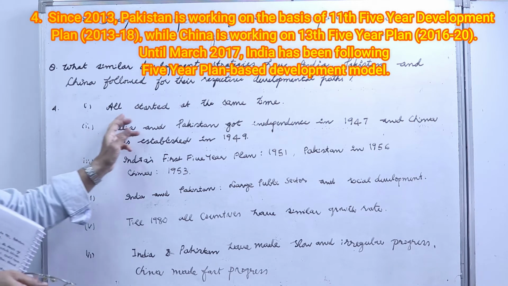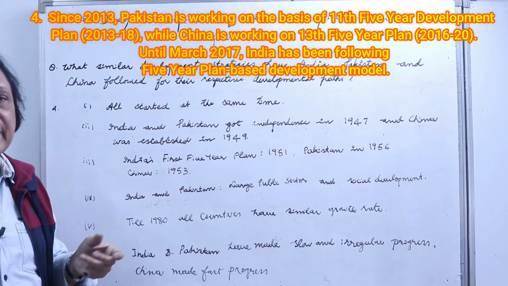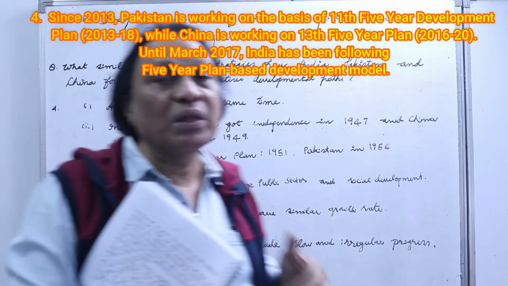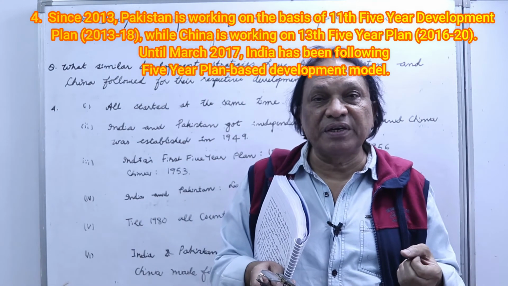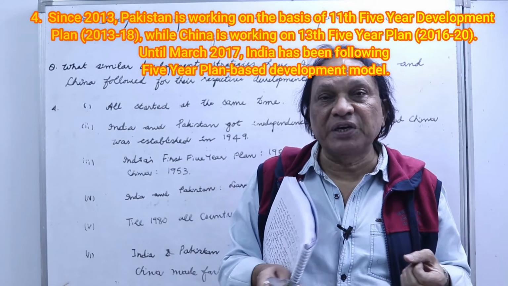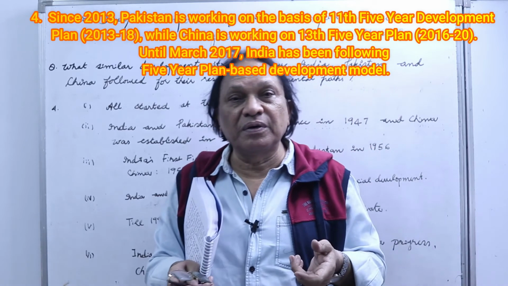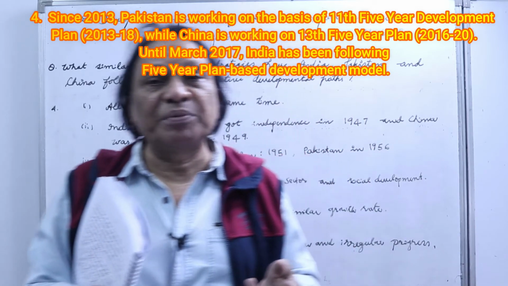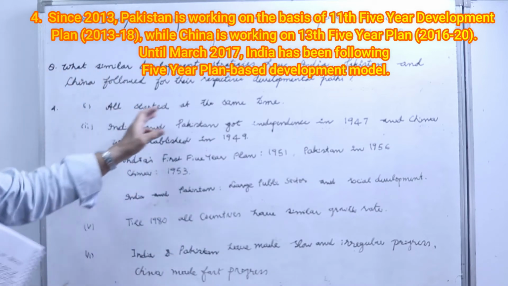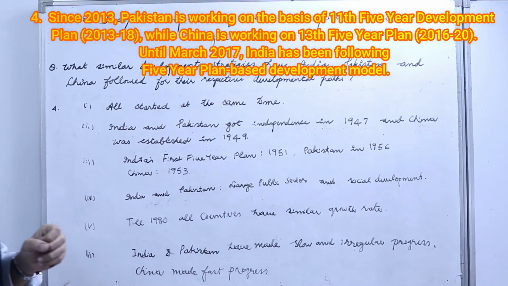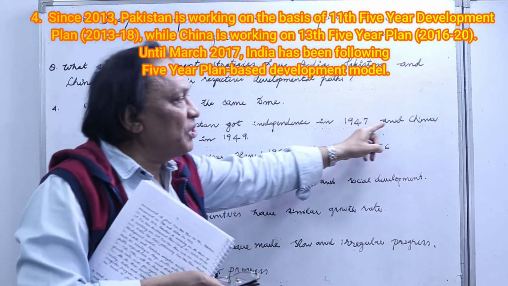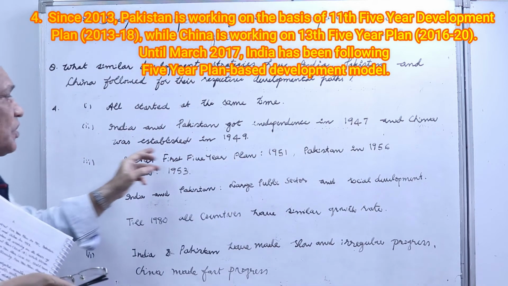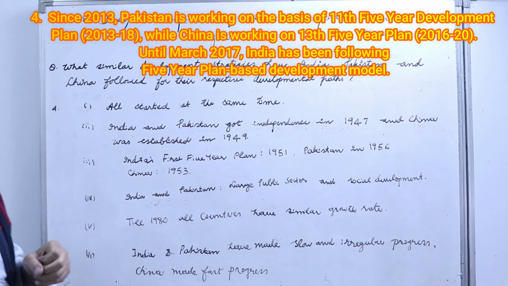The first similarity: all started at the same time. I just told you, India and Pakistan got independence in 1947, and the People's Republic of China was established in 1948. All started at the same time. The second point: India and Pakistan got independence in 1947, and China was established in 1949.